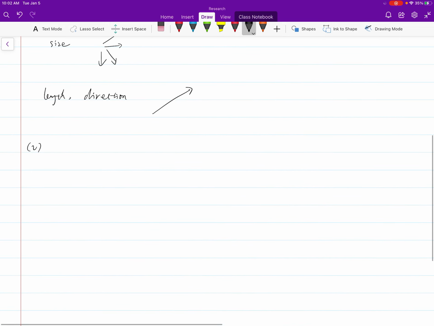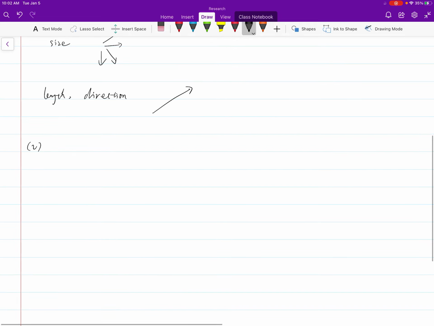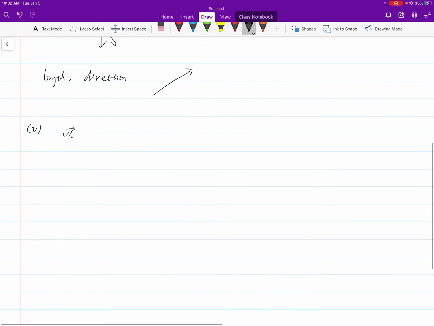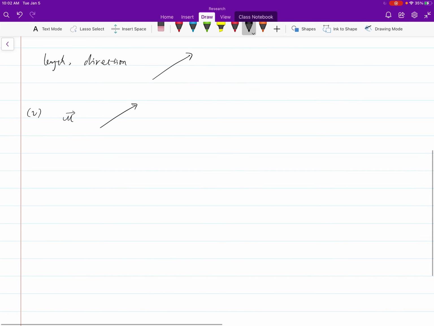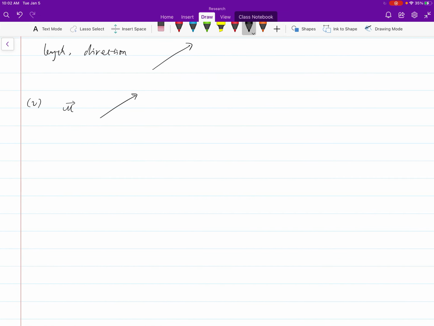All right. How do we represent a vector? Like a number, where we say x equals 3, we use letters to represent the variables. For a vector, we also use letters, but moreover, we put a small arrow on top of the letter to indicate this is a vector. So this is a vector, vector u. It can represent an arbitrary vector.